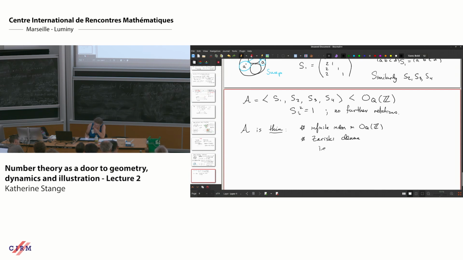So what this means is that basically it can't be cut out by polynomial equations. So if, for example, you have some polynomial which vanishes in the entries of your matrix for every matrix in the Apollonian group, then it's actually going to vanish on the whole orthogonal group.